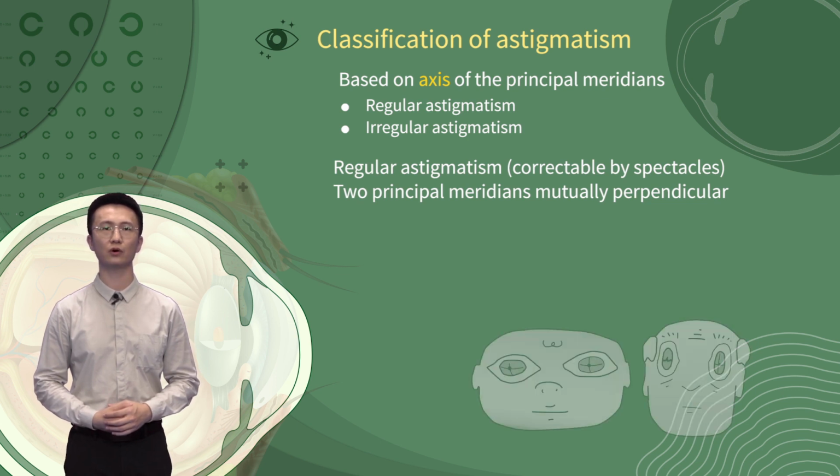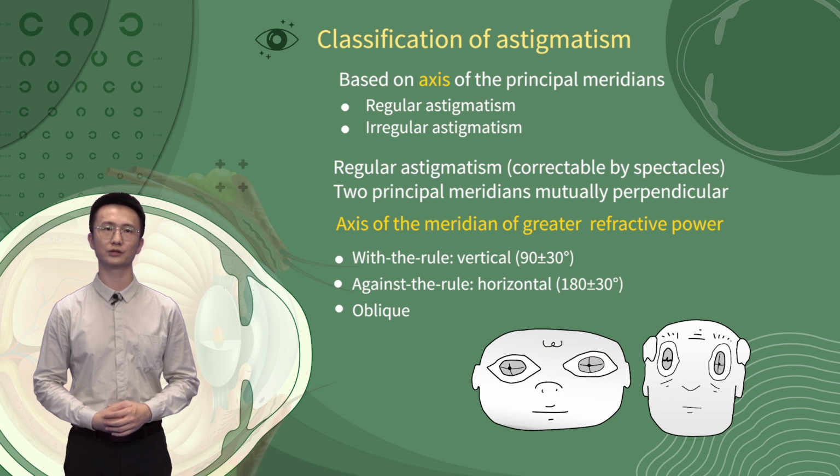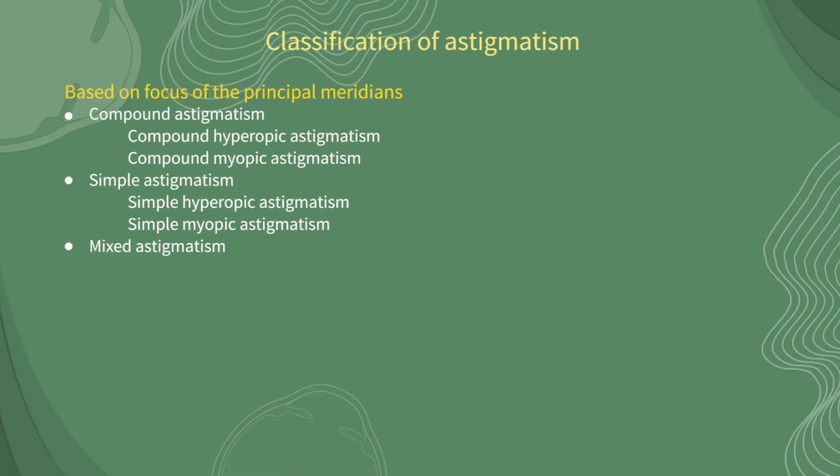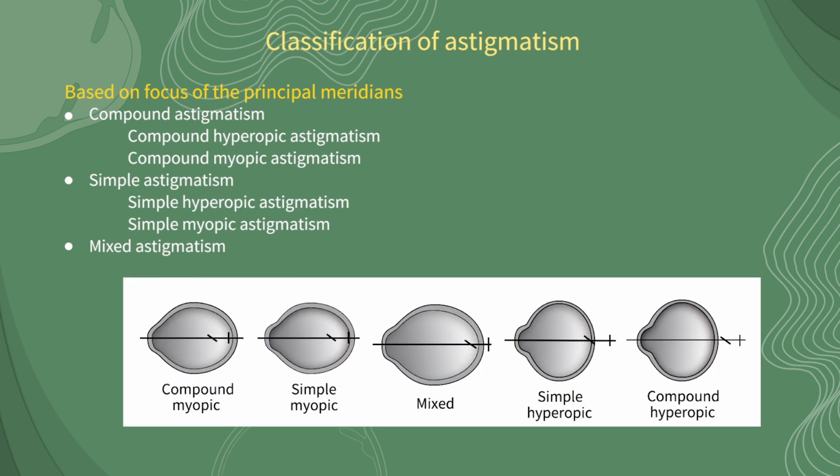It is called with the rule when the steepest meridian is close to 90 degrees, and against the rule when the steepest meridian is close to 180 degrees. We can also classify astigmatism as simple or compound types, based on whether only one or both meridians are focused outside the retina.